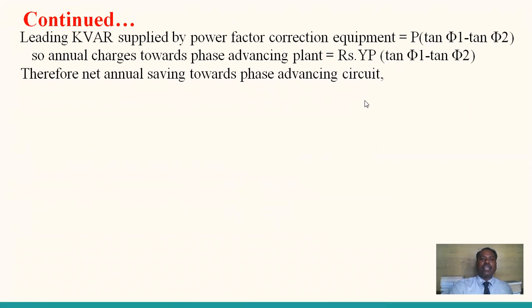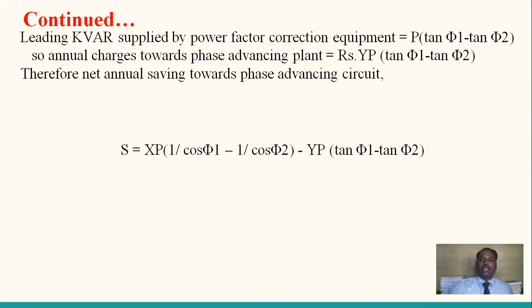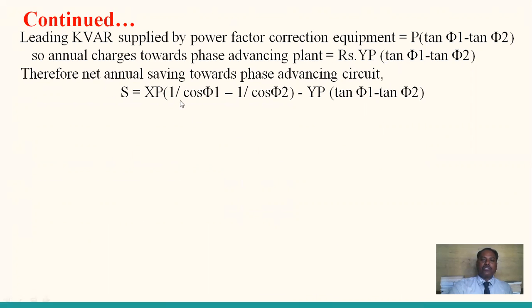And therefore, the net annual saving towards the phase advancing circuit, S, is equal to the difference between the maximum demand charges and the annual charges towards the phase advancing circuit.